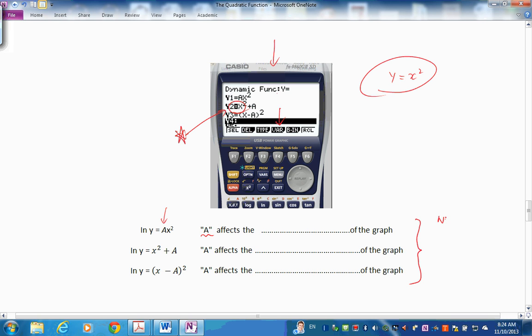But what about the effect of any negative A's? Negative A values. What does that do? What about fractions for A? What does that do? Can you investigate that in all these positions? Right? These are the three functions or function types that I'd like you to investigate.